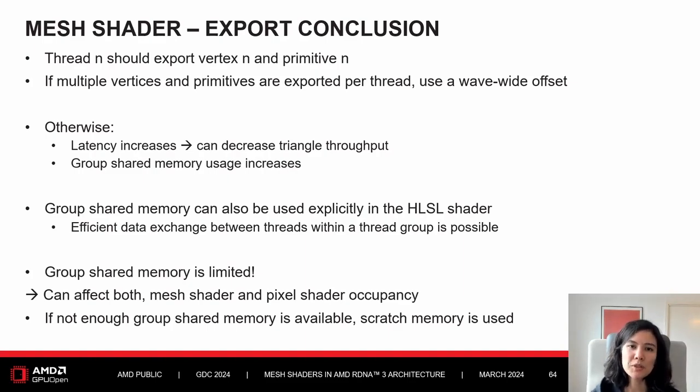So if you use group shared memory and then the compiler uses also group shared memory, the occupancy of mesh shaders might be limited more than you initially anticipated. Additionally, pixel shaders also use group shared memory, so their occupancy can be affected as well. And in very extreme cases, you might even spill to global memory if there is not enough group shared memory available.